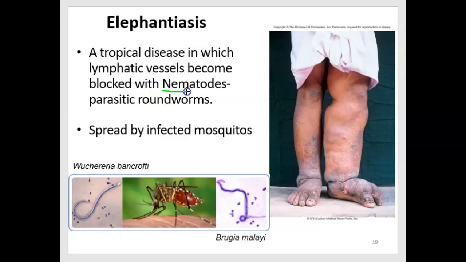They belong to the phylum Nematoda. And these roundworms are spread when an infected mosquito bites the skin and leaves either larvae or fertilized eggs in the interstitial tissues, but then those eggs or larvae get swept into the lymphatic vessel and the larvae mature, and all of a sudden the lymphatic vessel's blocked. And so you won't be able to drain the interstitial fluid anymore from that region of the body, and you'll get swelling or edema.